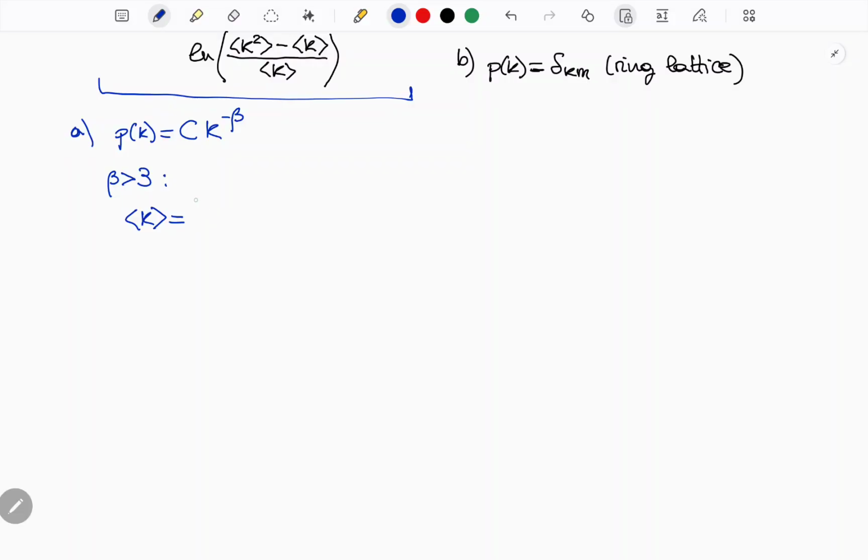Remember that we are going to use the approximation of treating the degree as if it were a continuous variable. So this is going to be k times the probability distribution, and the probability distribution is the constant c times k to the minus beta, differential of k.